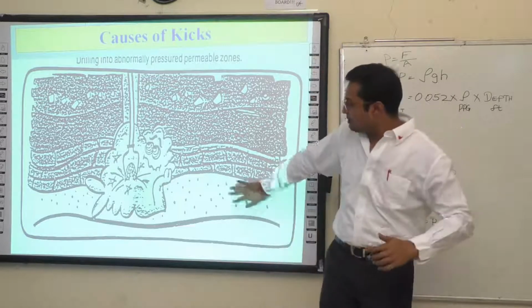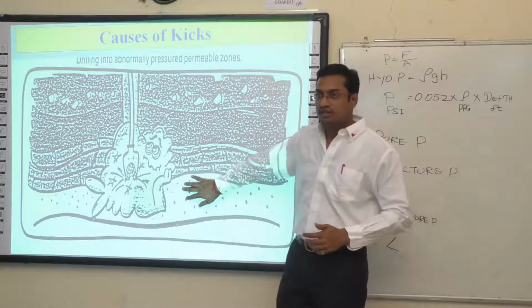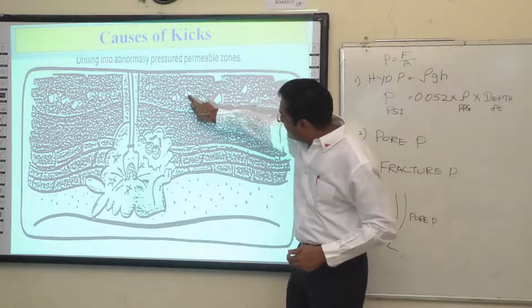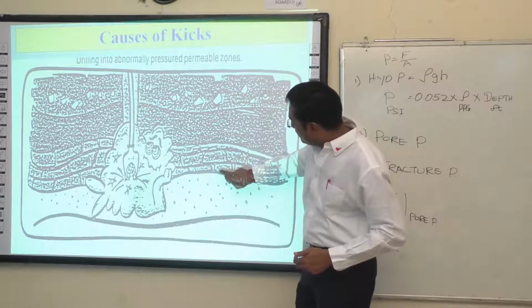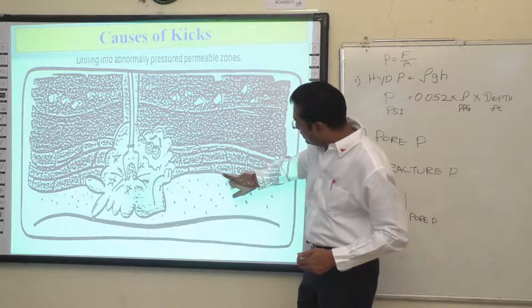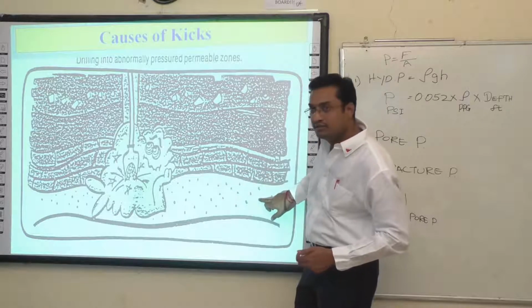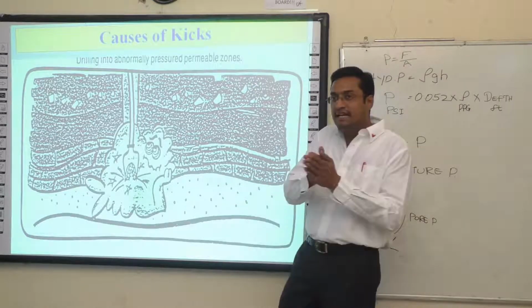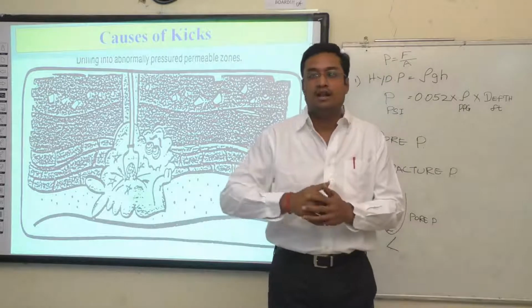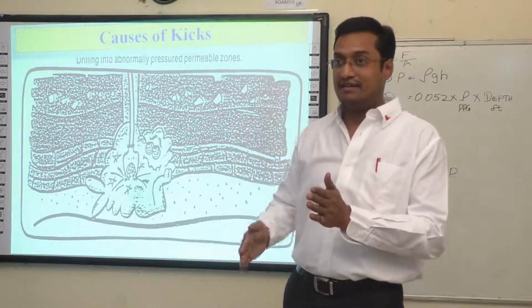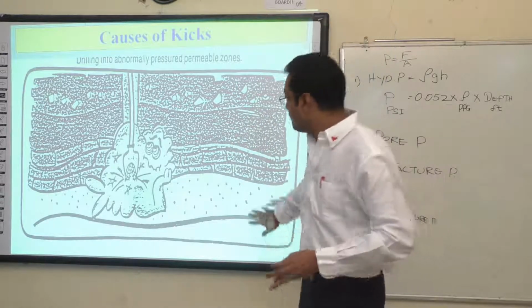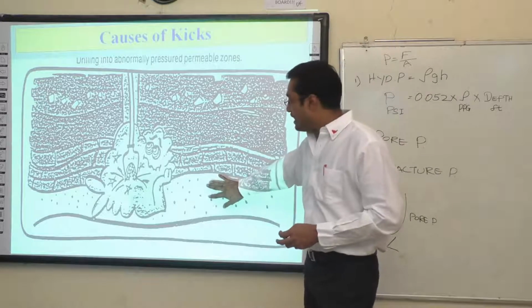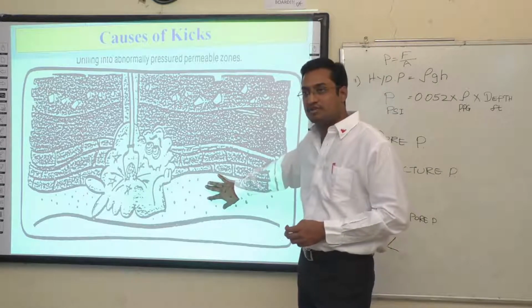But when you reach the abnormal zone, the pressure starts increasing more. It deviates from the normal pore pressure gradient. If that happens, that means you have to be careful in dealing with these abnormal pressure zones.